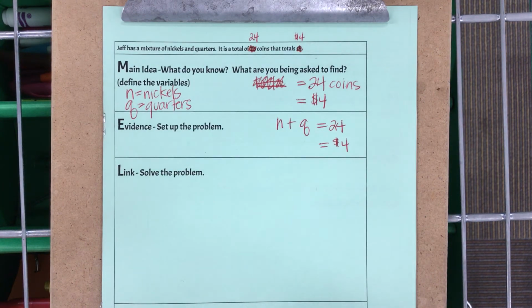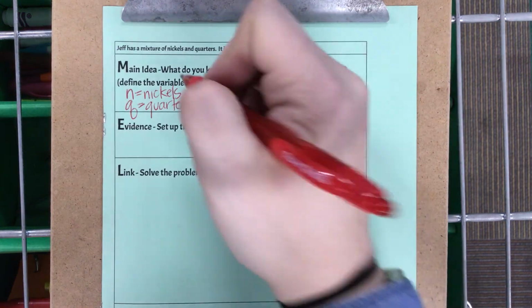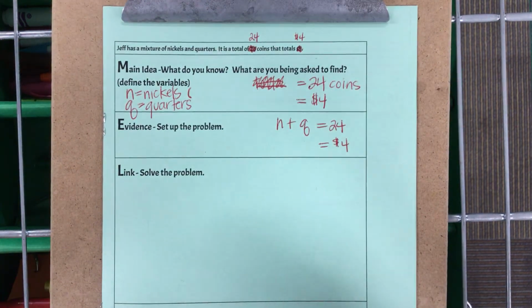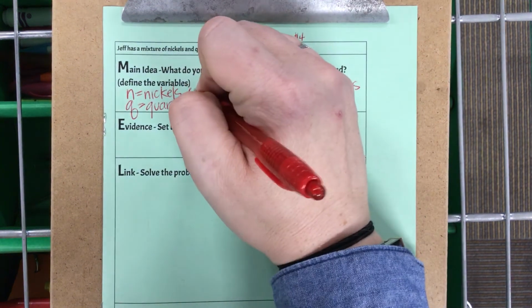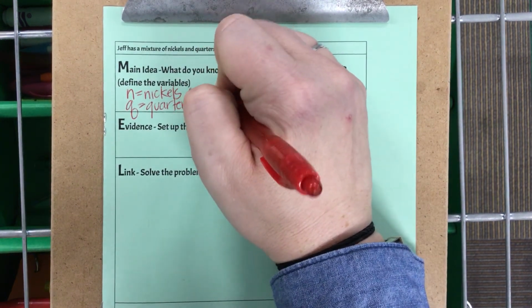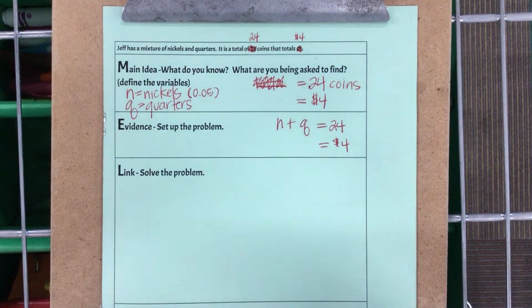Close. 0.05. There you go. A nickel is not 5, correct? A nickel is 0.05. It's 5 cents, correct? And a quarter is not 25.